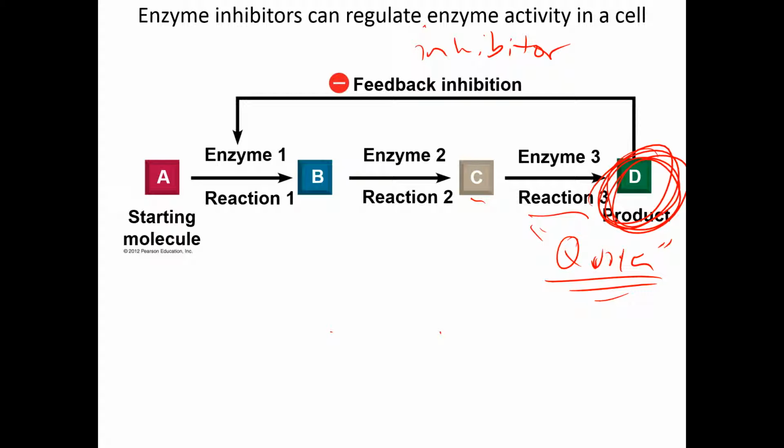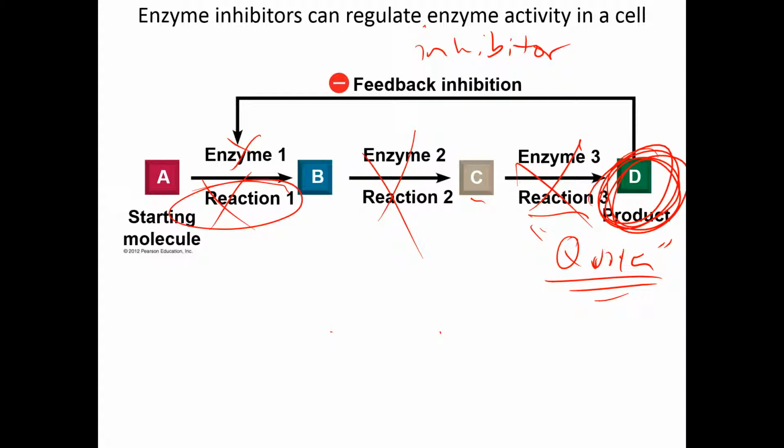Coming back to the first reaction, your product can come back to enzyme 1. Product D can come back and target enzyme 1, and in this case it acts as an inhibitor. It turns off this enzyme because it inactivates it, and now you stop this chemical reaction from taking place, meaning that you stop this reaction and this reaction.